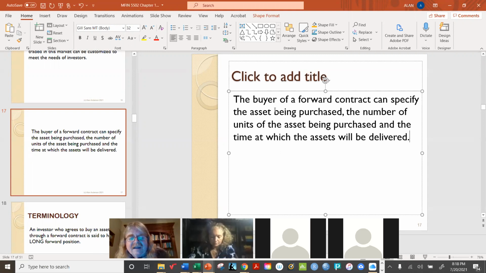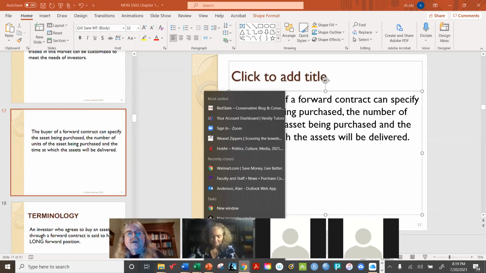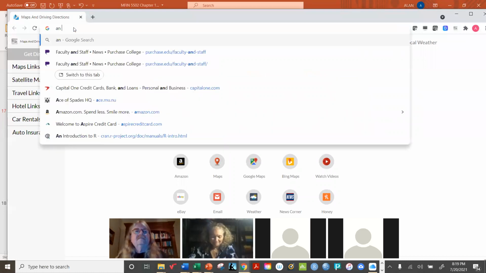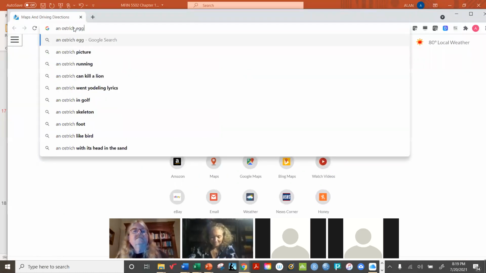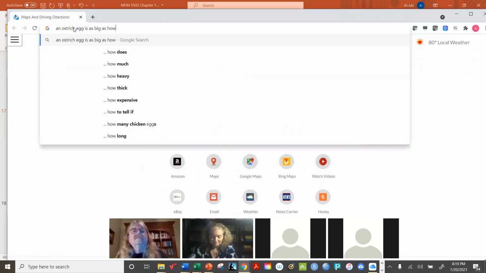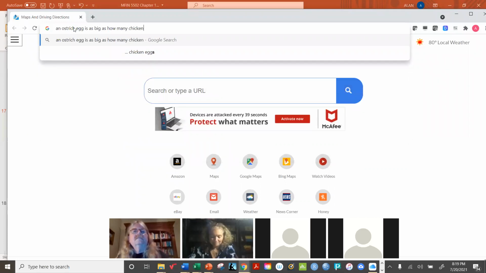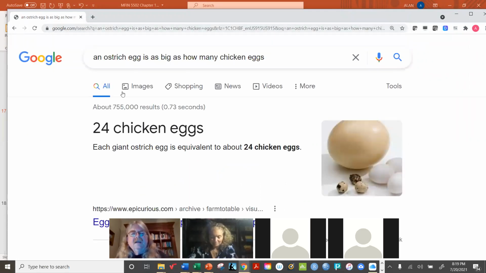I don't know what made me think of that. If you've ever seen an ostrich egg, it's enormous. There must be the equivalent of 20 chicken eggs in there. It's gigantic, beyond belief gigantic. In fact, let's ask Google this question. $24.